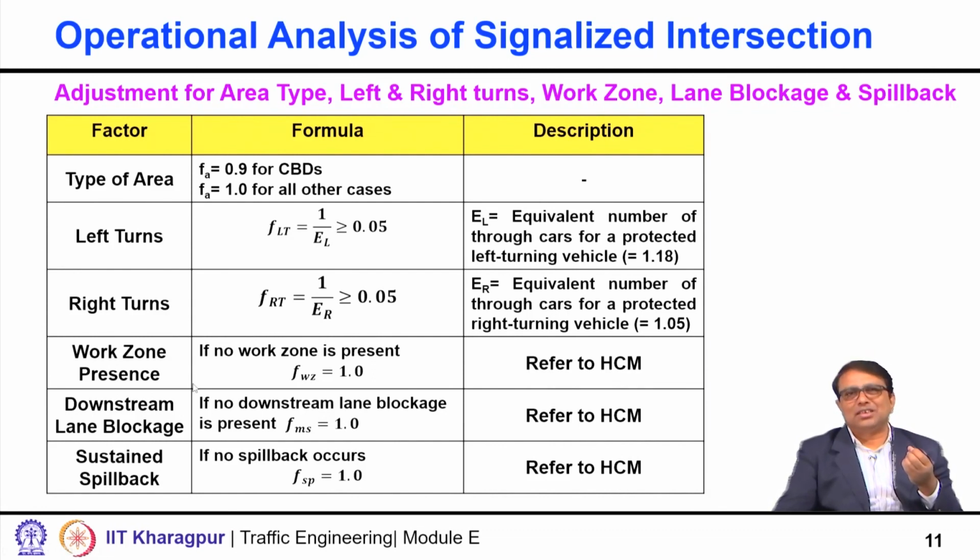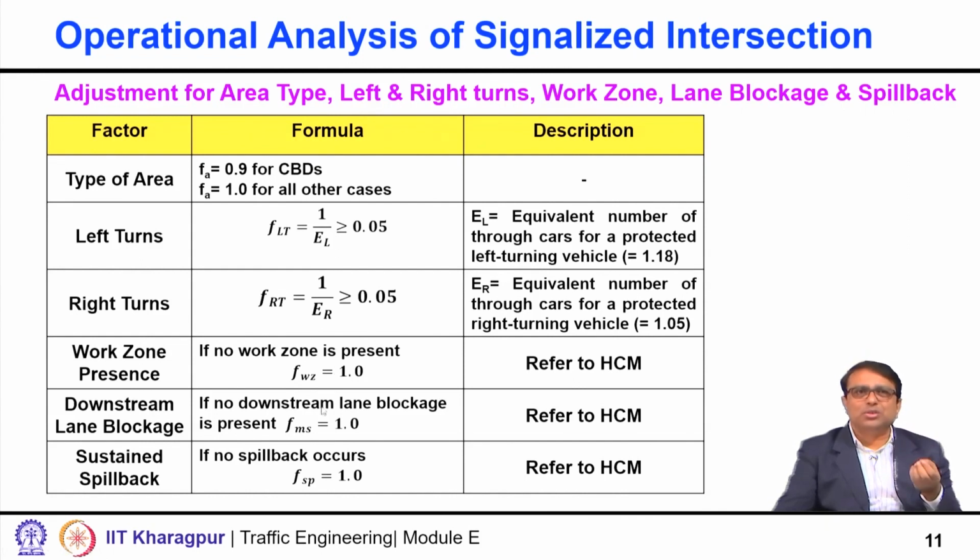I am not going to discuss in detail how to do the adjustment factor and calculate it if there is a work zone. Similarly, for downstream lane blockage, or if there is sustained spillback, how to calculate the correction factors. Please refer to the HCM for these, because within the limited time I will not be able to discuss everything.